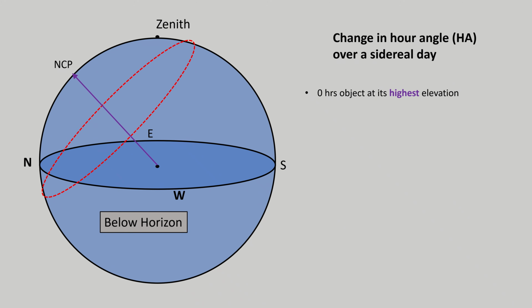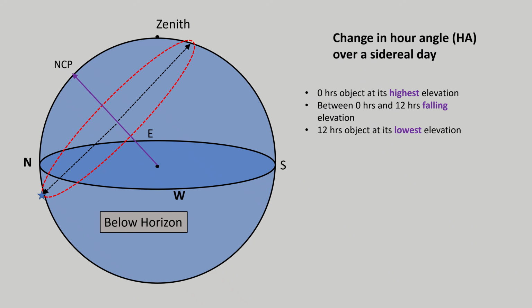Starting at hour angle 0 when it's at its highest, between 0 and 12 hours hour angle, the object sinks lower and reaches lowest elevation at an hour angle of 12. It then rises, reaching its highest elevation back at an hour angle of 0.